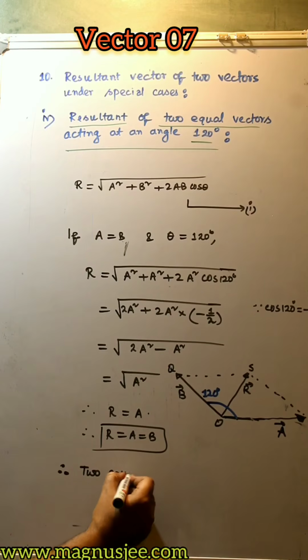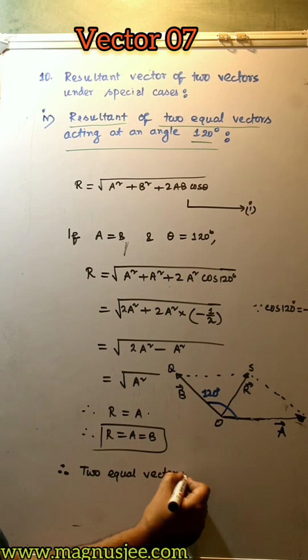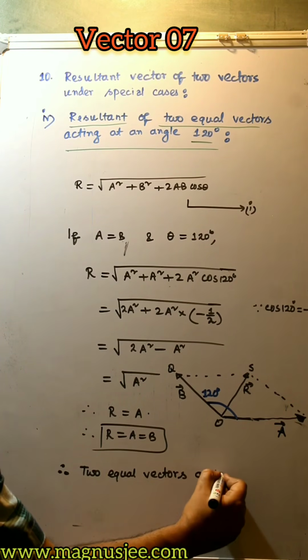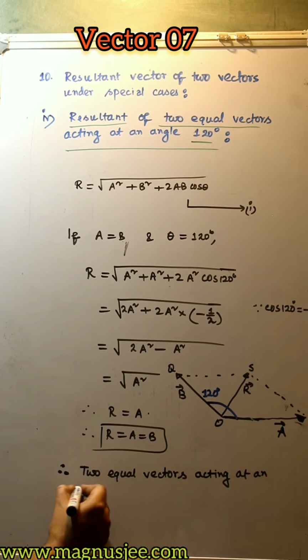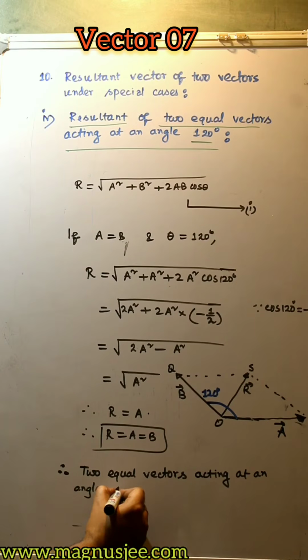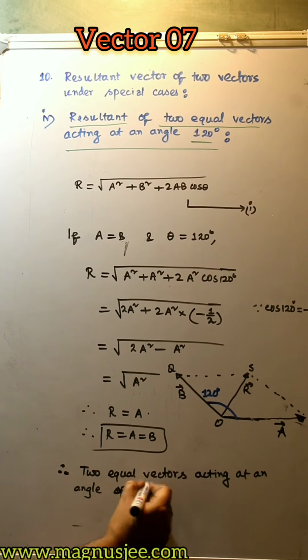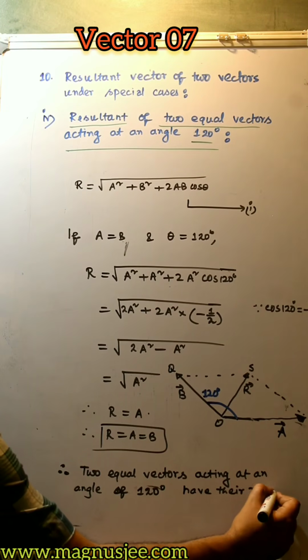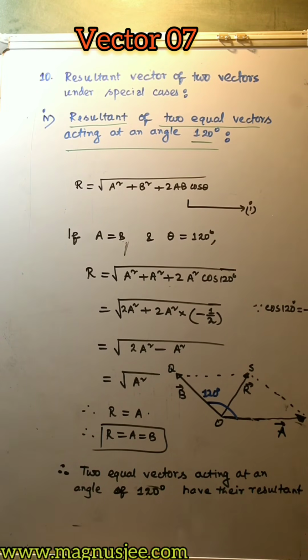Therefore two equal vectors acting at an angle of 120 degrees have the resultant equal to either of the two vectors.